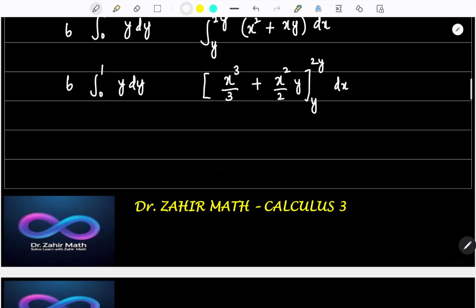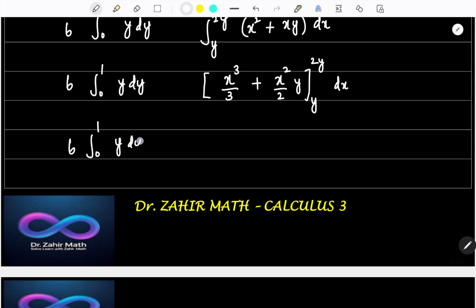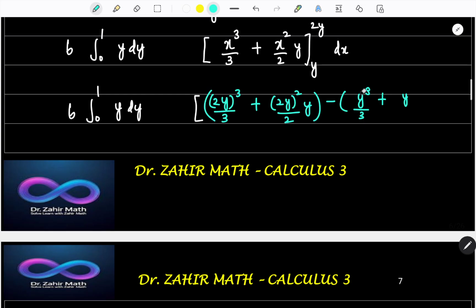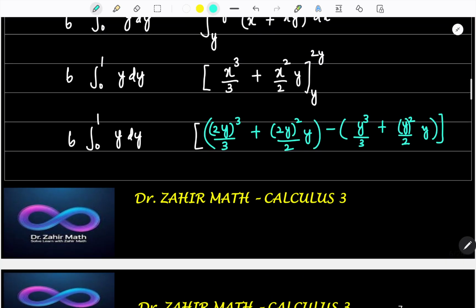So 6 times integral 0 to 1 y dy, bracket open, upper limit substitution, which is 2y the whole cube divided by 3, plus 2y the whole square divided by 2 times y, minus lower limit substitution, y cube divided by 3 plus y square by 2, because we are putting x equal to y, and then times y. So dx is finished.